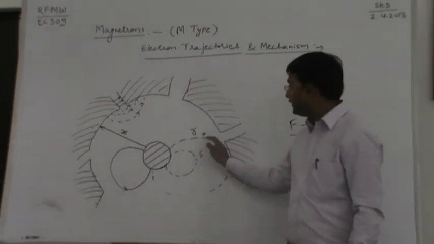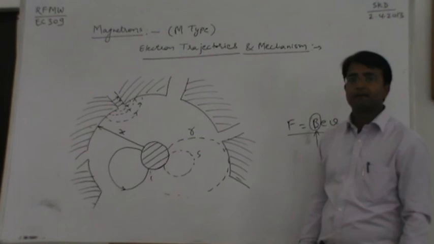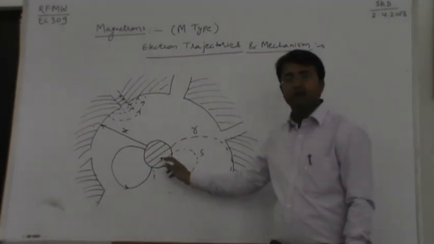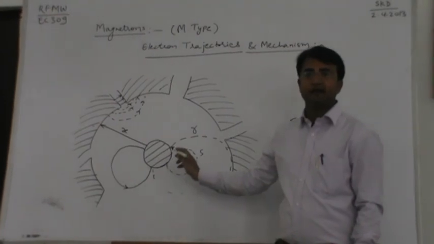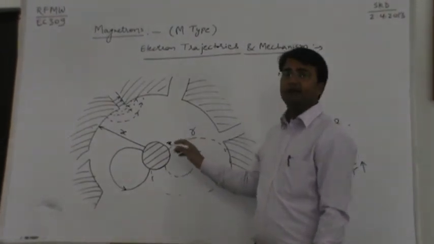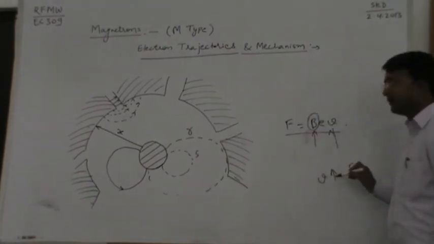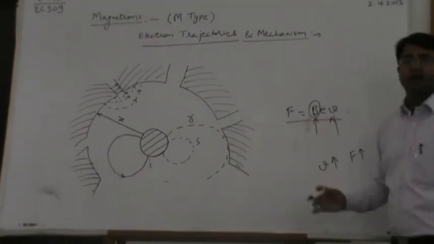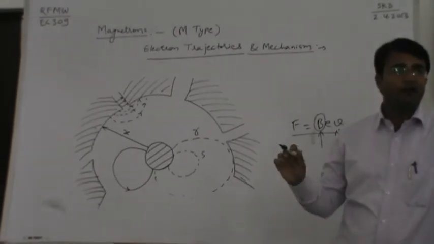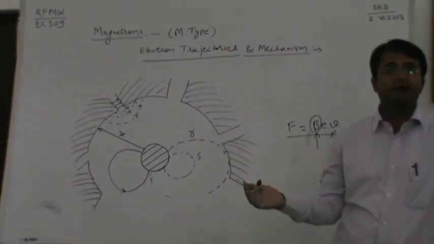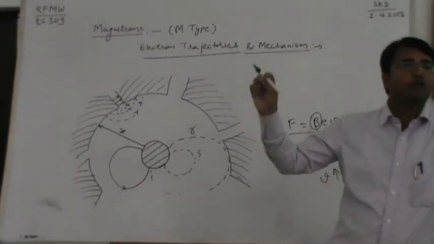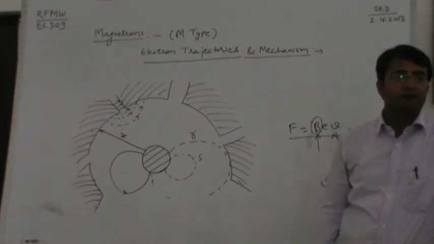What is the difference between these two paths? As the radial electric field is increased, the velocity increases, and the velocity itself causes a force. A force is exerted on the electron because of the magnetic field, a force because of the electric field, and there is a centrifugal force which balances them.